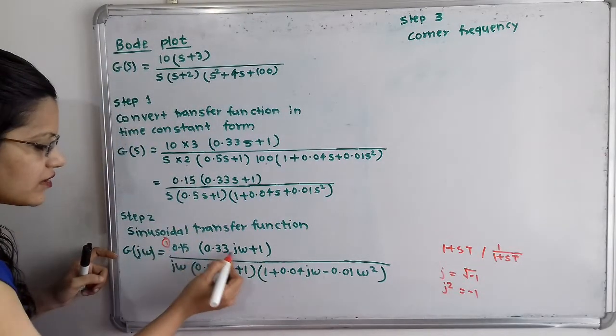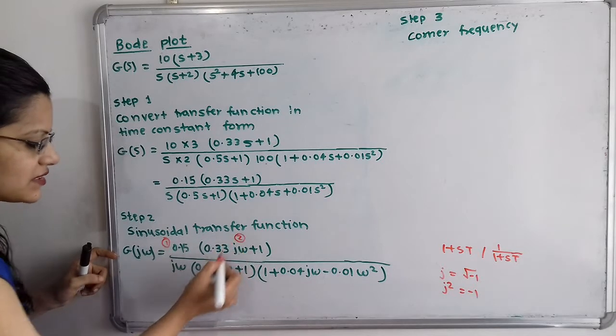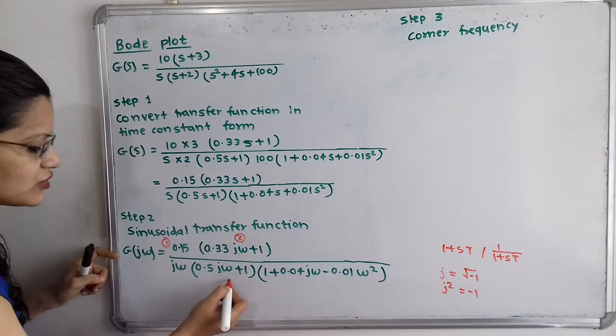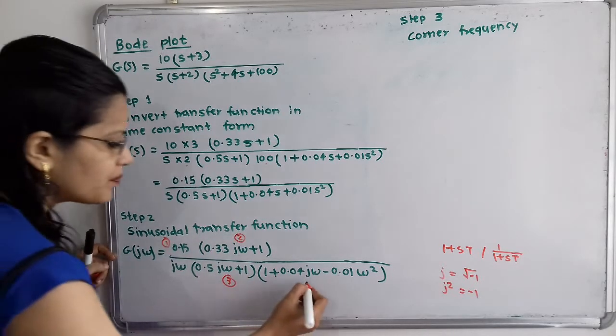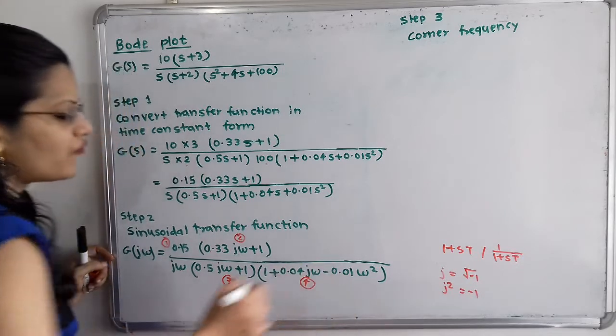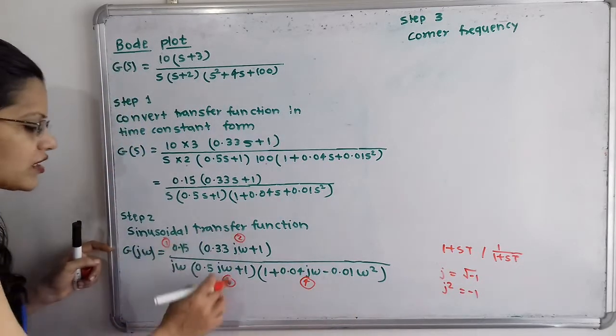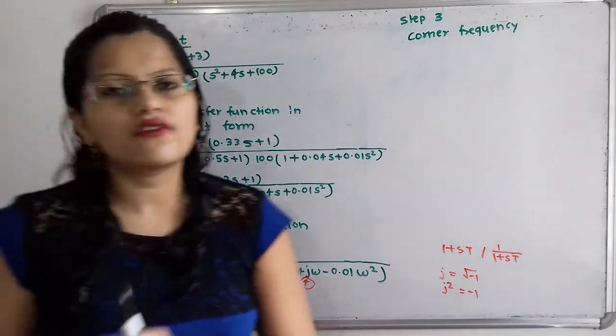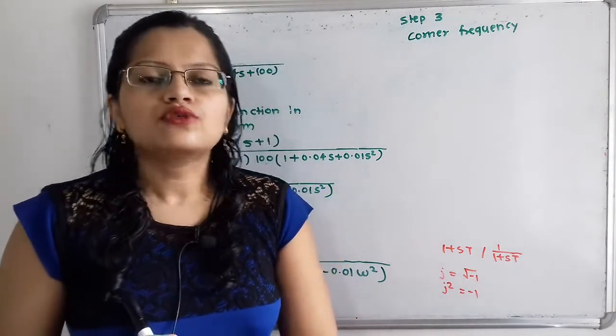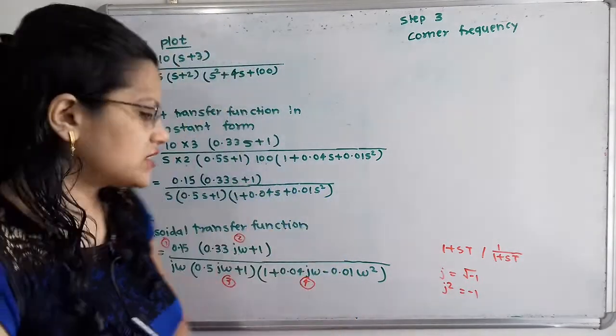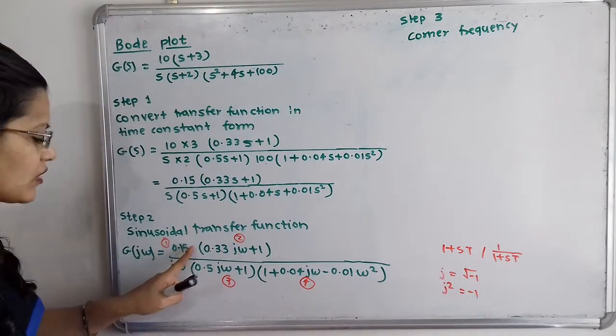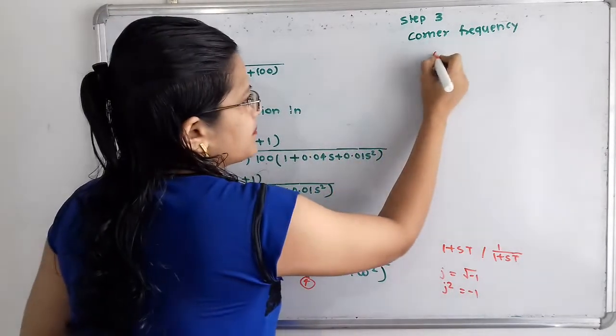Then 0.33 j omega plus 1 is the second term. Then 0.5 j omega plus 1 is the third term. And this next bracket is the fourth term. So there are a total of 4 terms in the form of j omega. First we will write all these terms. So what is the first term? 0.15 by j omega.